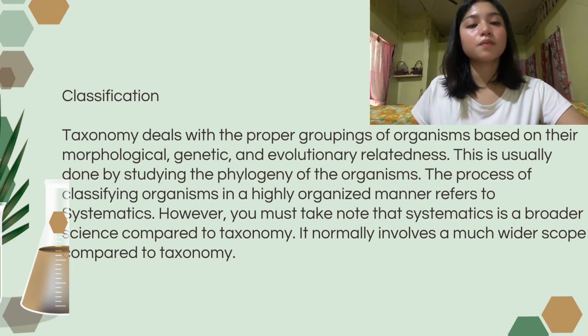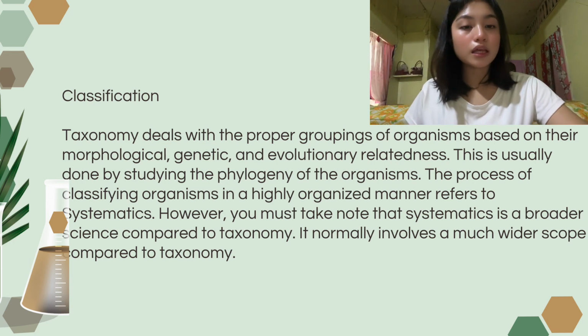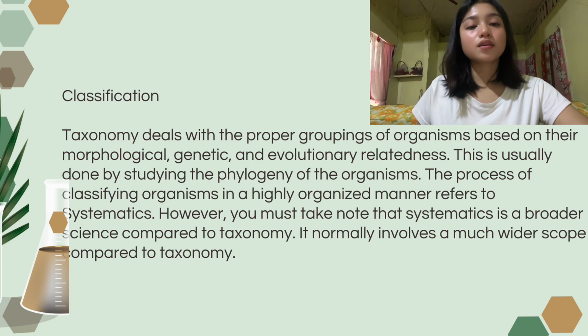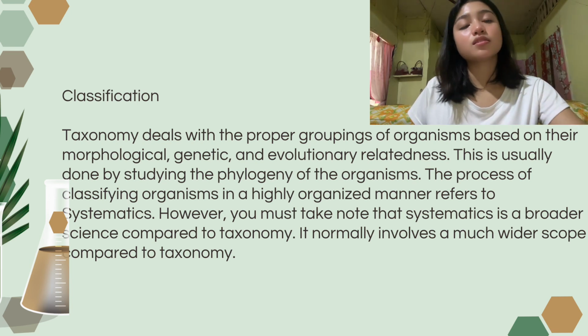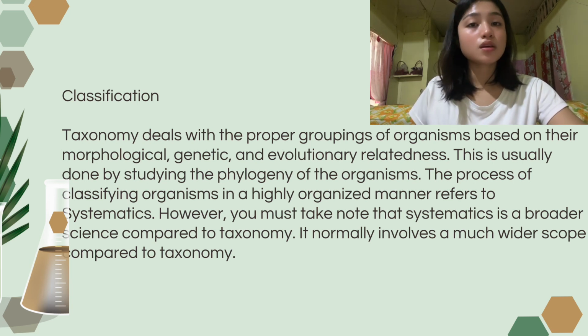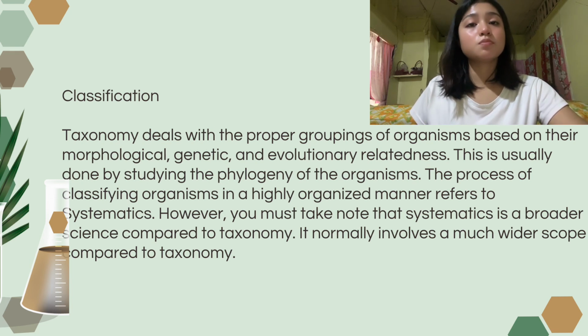So, ang difference between taxonomy and systematics is ang taxonomy is ga-focus on naming and classifying sa mga organisms. And then, ang systematics, mao siya ang wider field that includes taxonomy, pero also looks at evolutionary history and relationships between species.